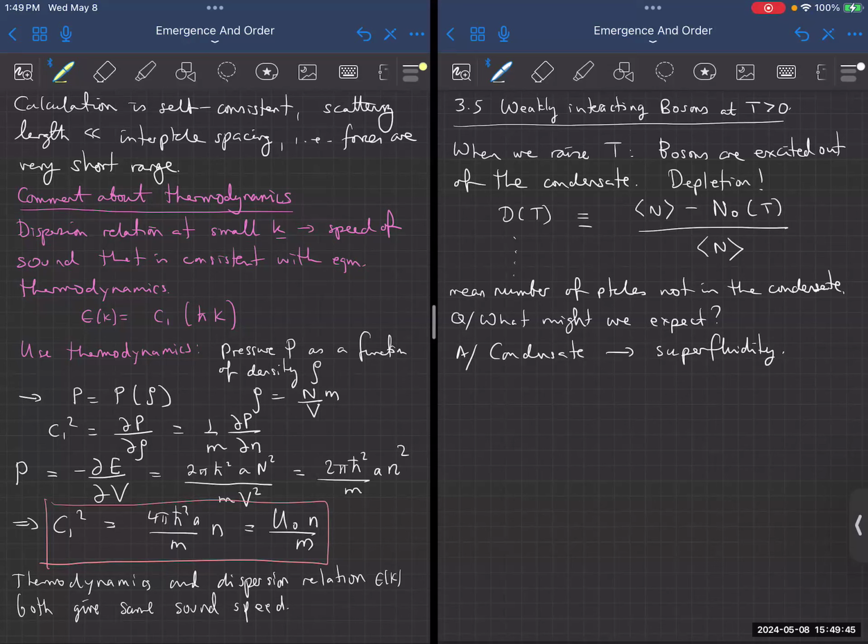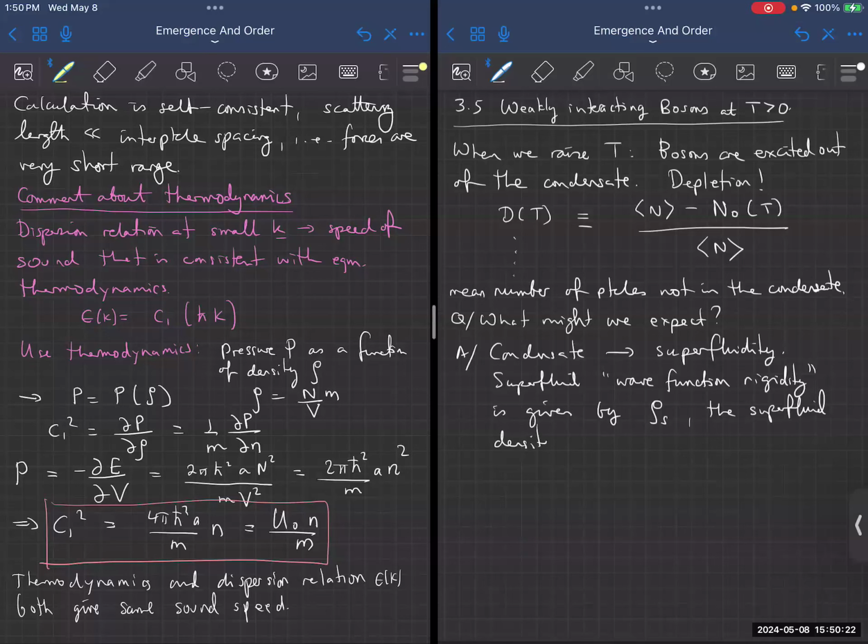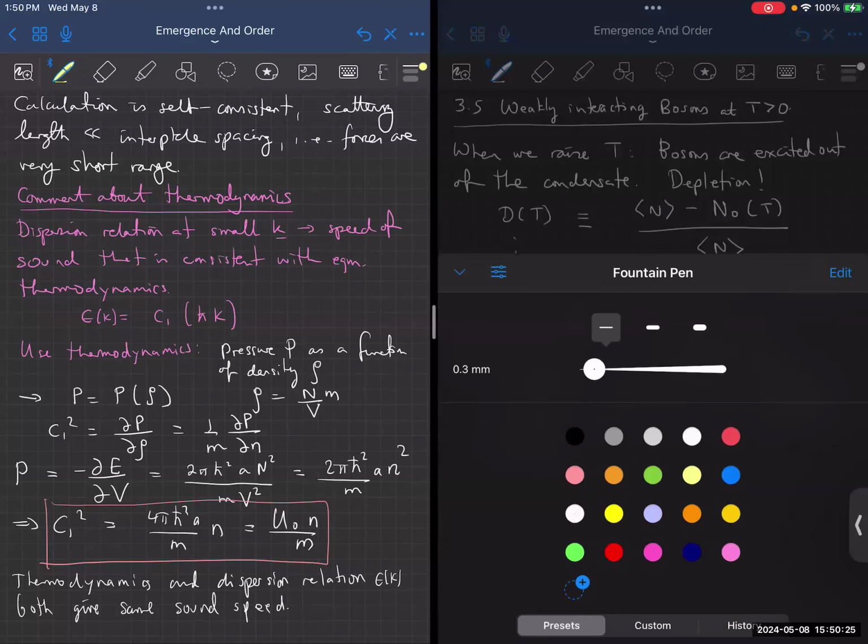So if the condensate gives us superfluidity, then we know that the superfluid wave function stiffness is given by the superfluid density, rho s. And just to remind you, why do I say that?